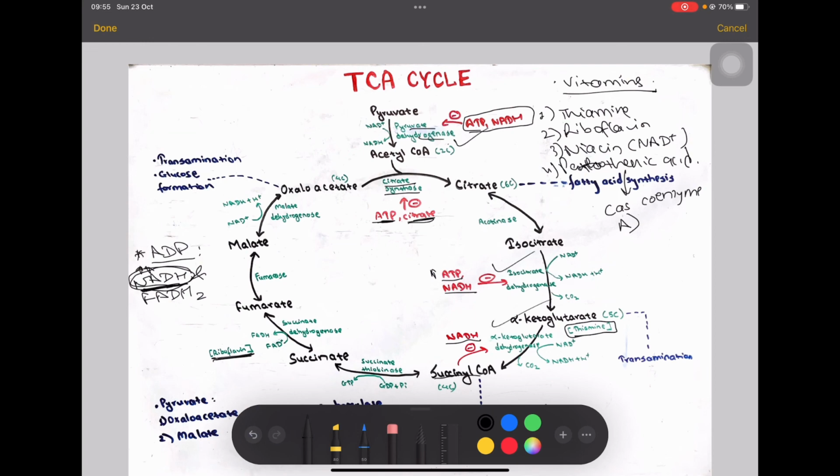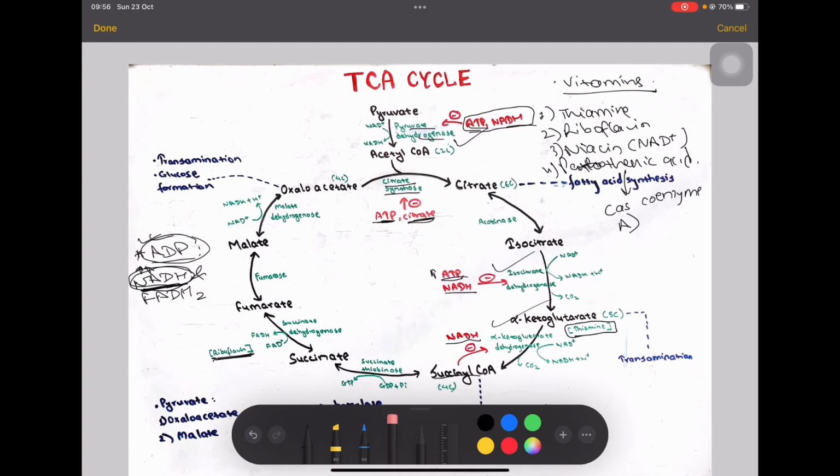So there must be sufficient levels of ADP to regulate this TCA cycle. So it is very important. The regulators of this TCA cycle are ADP, NADH, citrate, ATP and ADP.